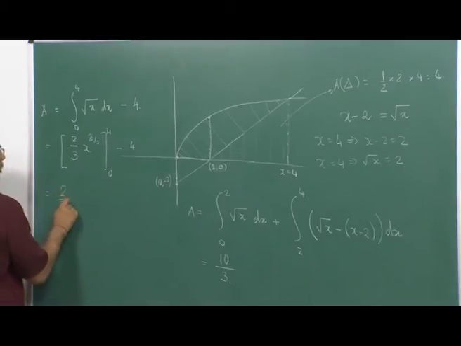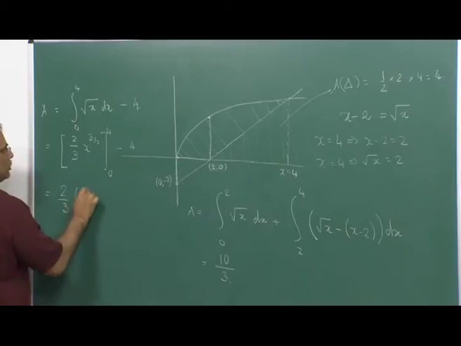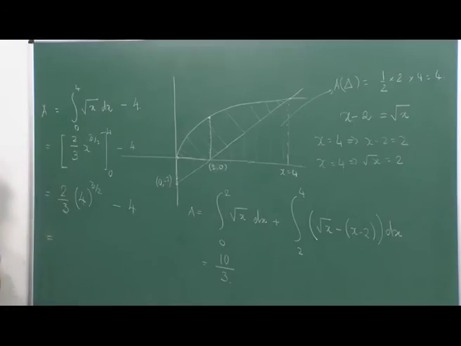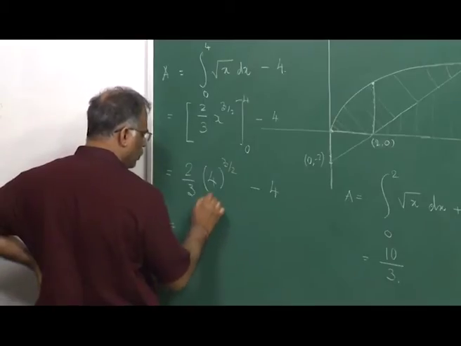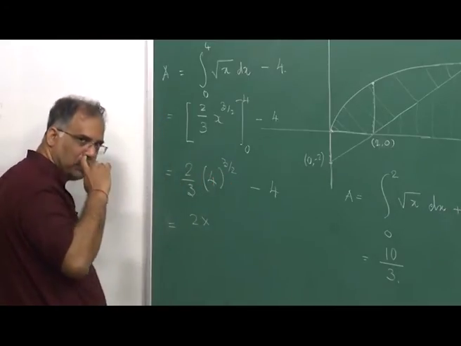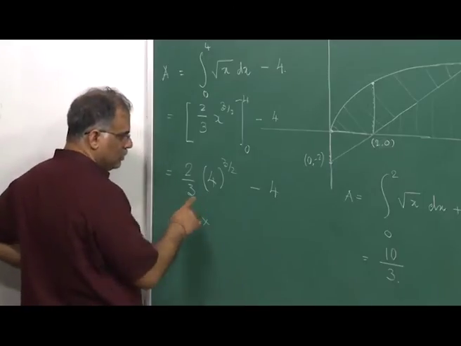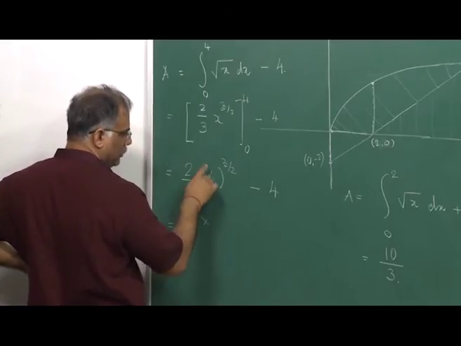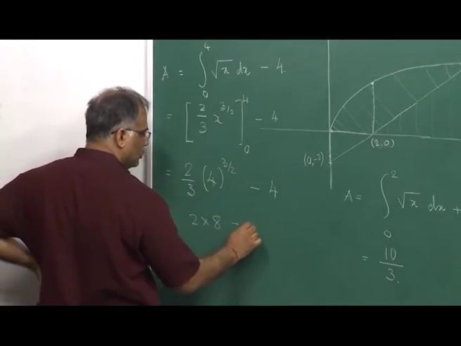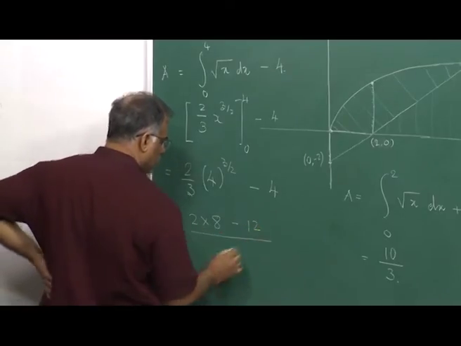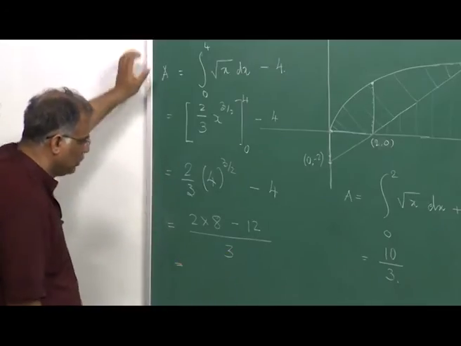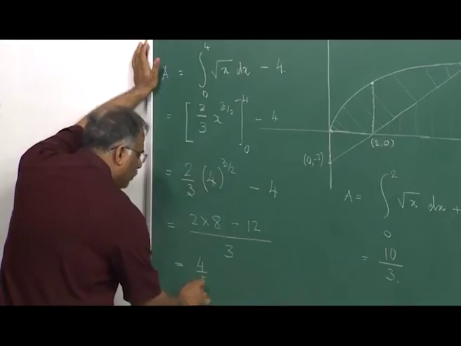So 2/3 into 4 to the power 3/2 minus 4. 4 to the power 3/2 is 2 cubed, which is 8. So 2 into 8 is 16, minus 3 into 4, which is 12, by 3. So the answer comes out to be 4/3. I don't know why the answer doesn't match.